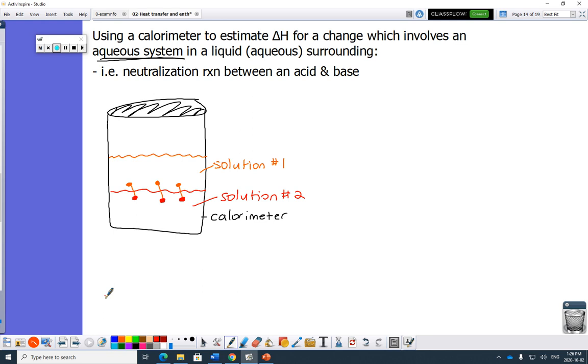So when you have two solutions, it's not like they're separated, but I'm going to use the separated picture to help us with our math, okay?